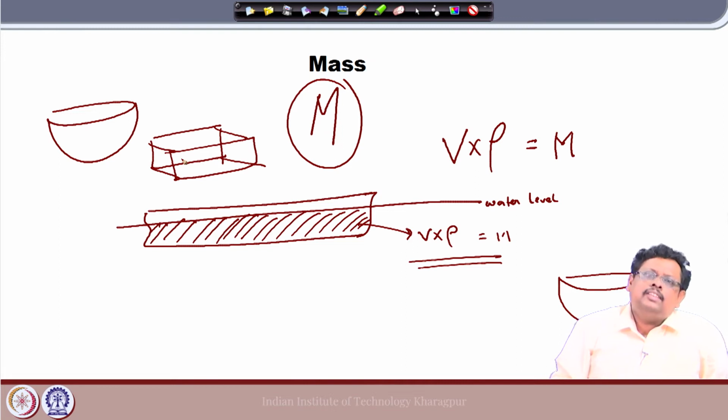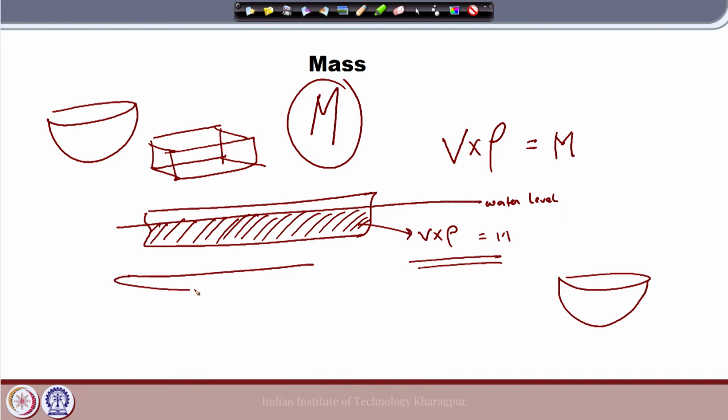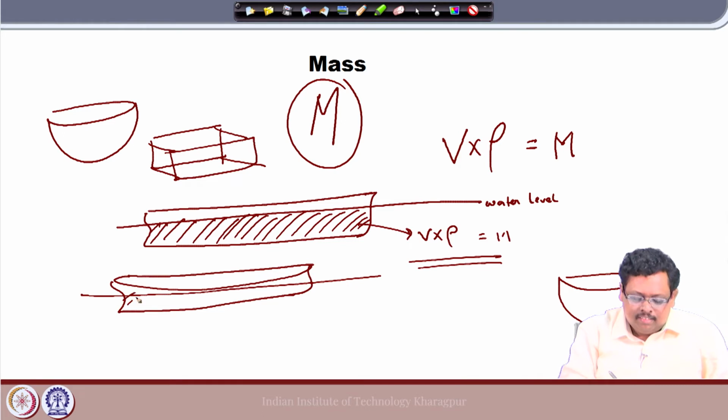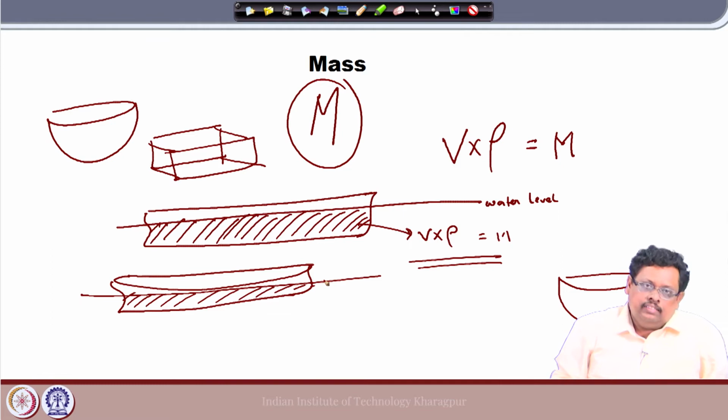So, for regular geometry, you always know how to get the volume, but the problem is when you get a typical ship shaped body, and then what is the underwater volume, that time it is really not a very elementary task, and you need to do a lot of numerical calculations. Definitely, we are going to discuss in coming days how to calculate this mass, because this is important to find the solutions.